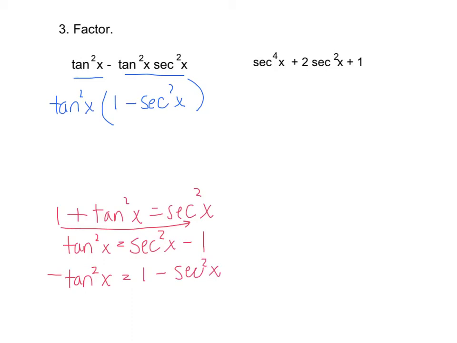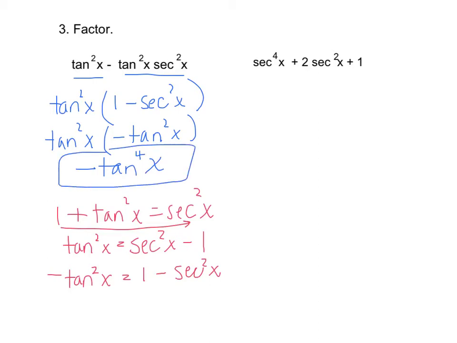Then I'm closer. So up here, I have tangent squared x times negative tangent squared x. So this would be negative tangent to the fourth x. And that would simplify the equation.